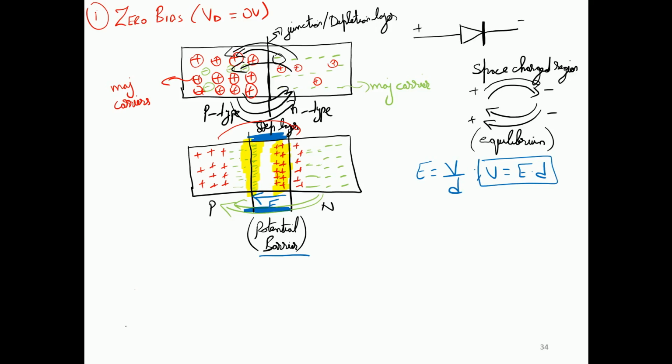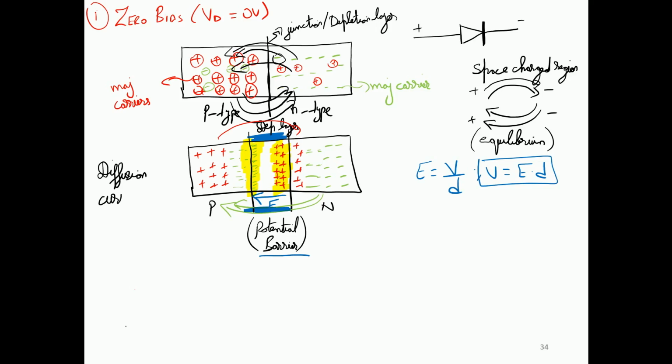So now what is going to happen? No more electrons from the n type can move to the p type because of this potential barrier or the depletion region, and we say that the back and forth movement of the charges gives rise to something which is known as a diffusion current.